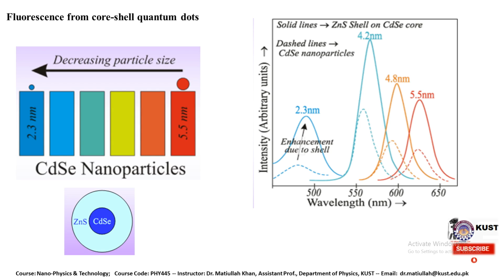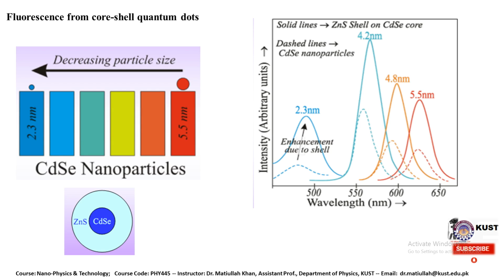For a particle size of 5.5 nanometer, the color is red. It is just a different wavelength, and it is blue shifted as we decrease the particle size. Finally, at a particle size of 2.3 nanometer, we can get around blue colors.